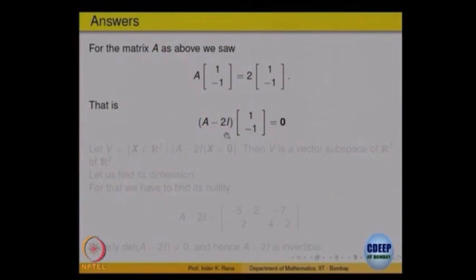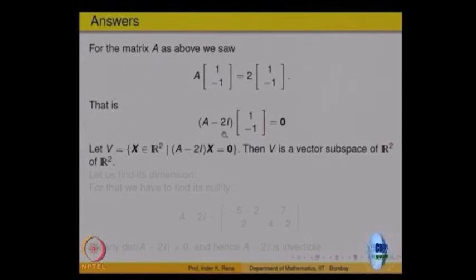So, what it is saying is that 1, minus 1 is a vector which lies in the null space of A minus 2I. Let us put the null space of A minus 2I as a set, and call it V. So, V is all vectors which are killed by A minus 2I. I have got one element in that, 1, minus 1 is in this. Is it okay?